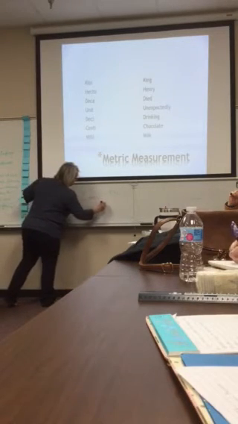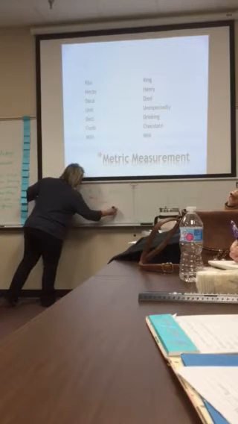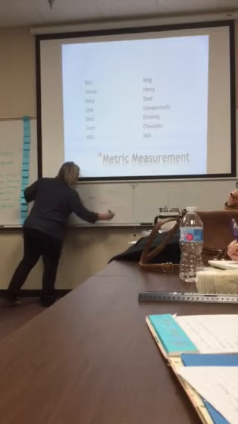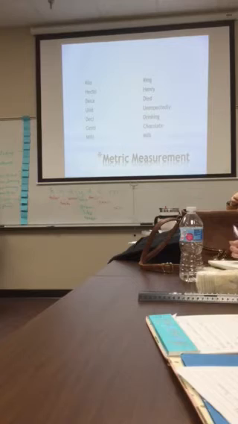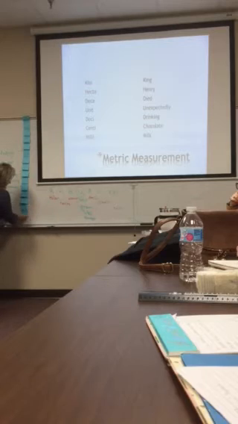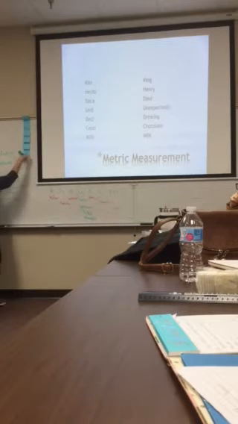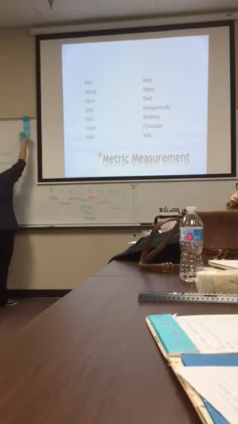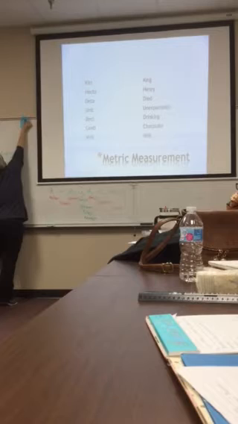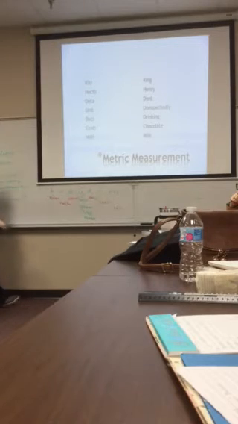Deci. Centi. And milli. So those are the prefixes that you have to work with. So you're thinking, gosh, I can't remember that. That's too much to remember. Well, it's really easy to remember that King Henry died unexpectedly drinking chocolate milk.